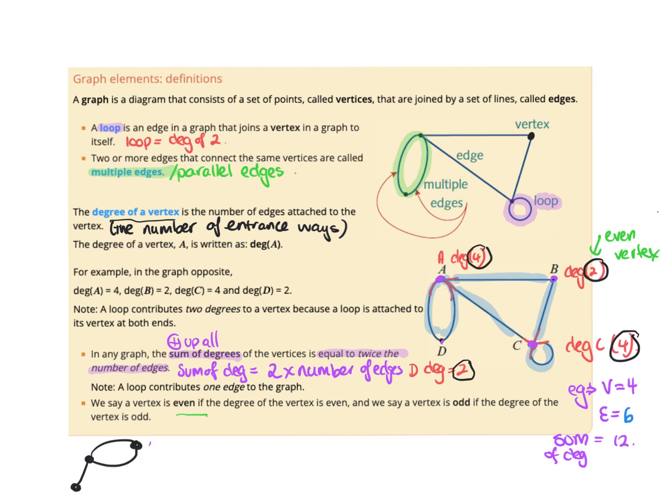So if we did this, the degree would be 2, this one's degree would be 3, and this one's degree would be 1. So these ones are odd vertices. Okay, so they are odd vertices, those ones.